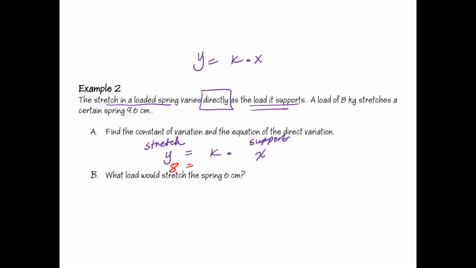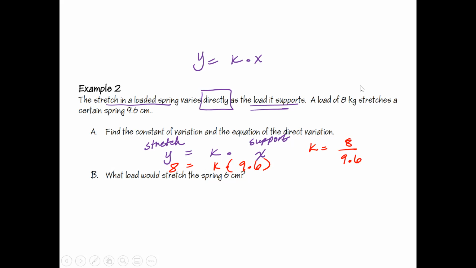8 equals, let's say, k times 9.6. So then if I were to find k, I will have to divide 8 by 9.6.